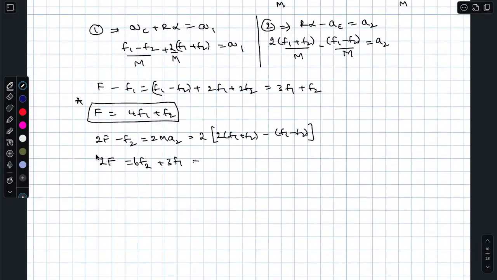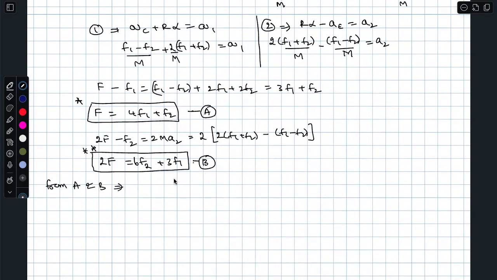So now we have another double star equation. Now what you can do is use these two equations. Let you call these equations as equation A, equation B. From A and B, you will have 8F1 plus 2F2 is equal to 6F2 plus 3F1.